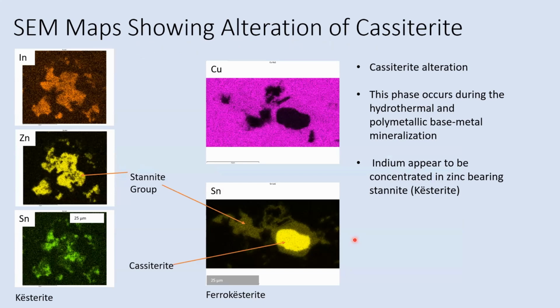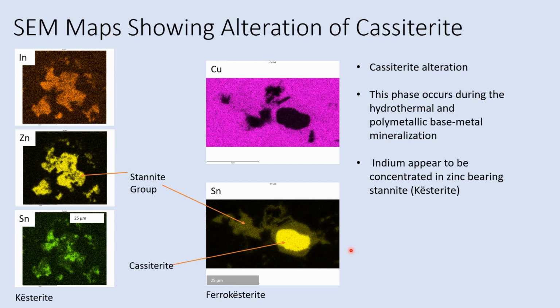So we started to investigate a little bit more about the indium in these sulfides, and what we started to find is that the early cassiterite phases that were coming out more or less from the Una porphyry were getting altered to stannite. And after analyzing a couple of stannite phases, we tend to find two groups of stannites.